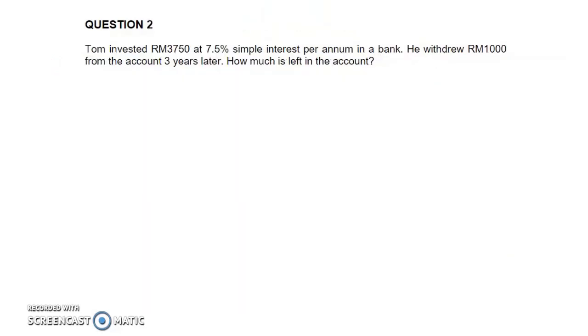Okay, now let's look at question 2. Tom invested 3,750 at 7.5% simple interest per annum in a bank. So we know that P equal to 3750, rate 7.5%, 0.075.